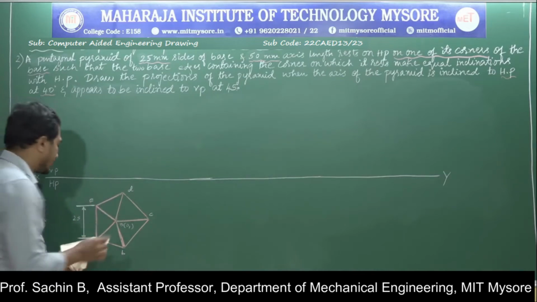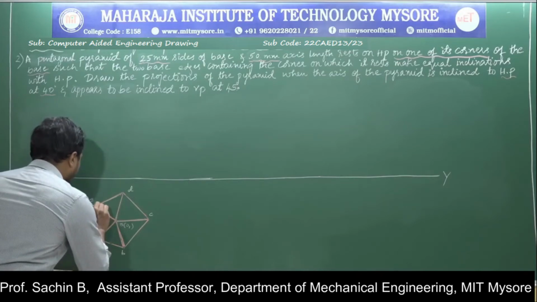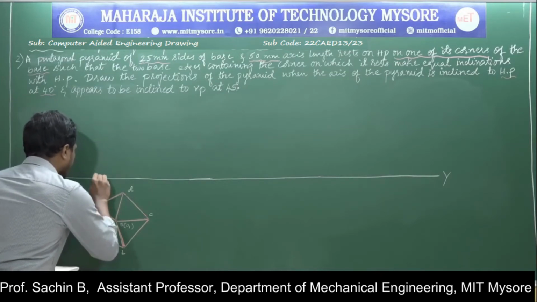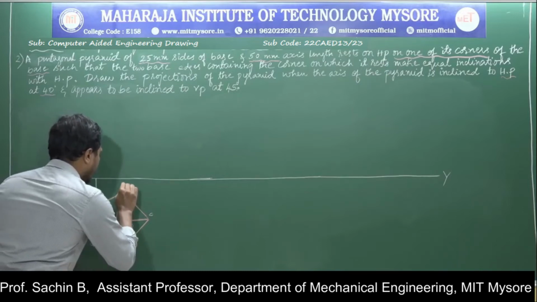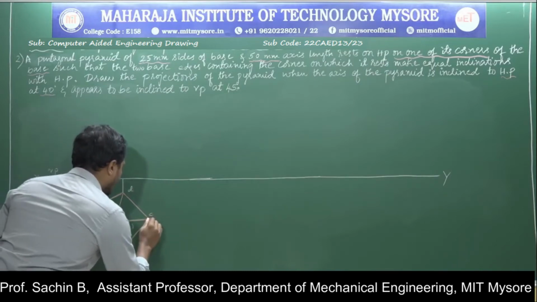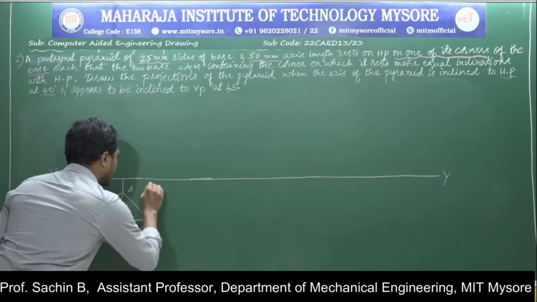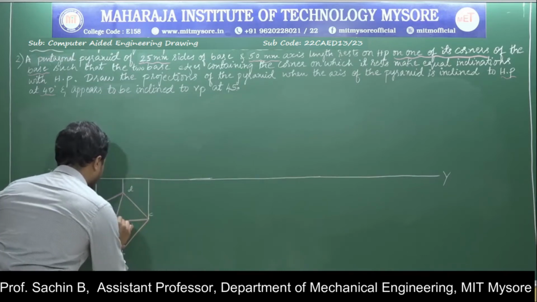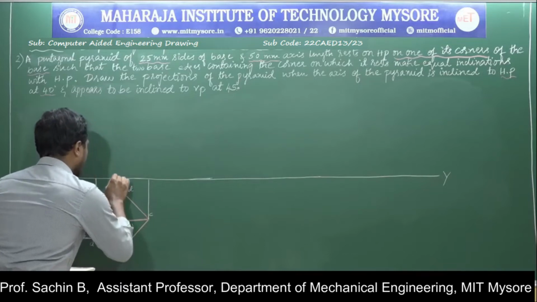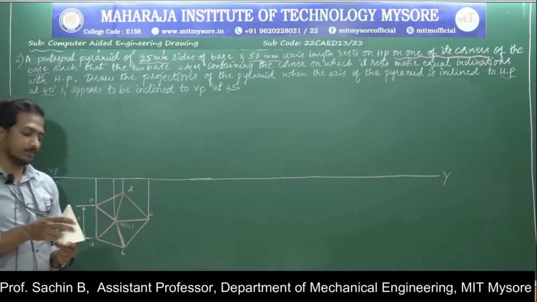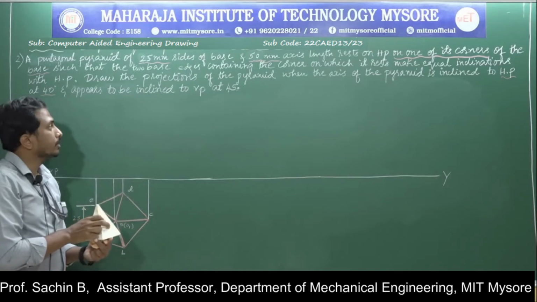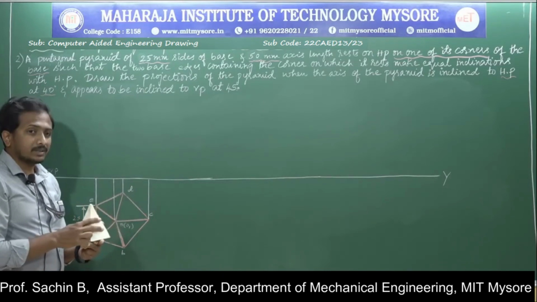Next I will go for drawing the front view of the object. I am drawing the projection lines to draw the front view of the object. Okay, now here it is very important for us, because in the question they have given 50 mm as the axis length.